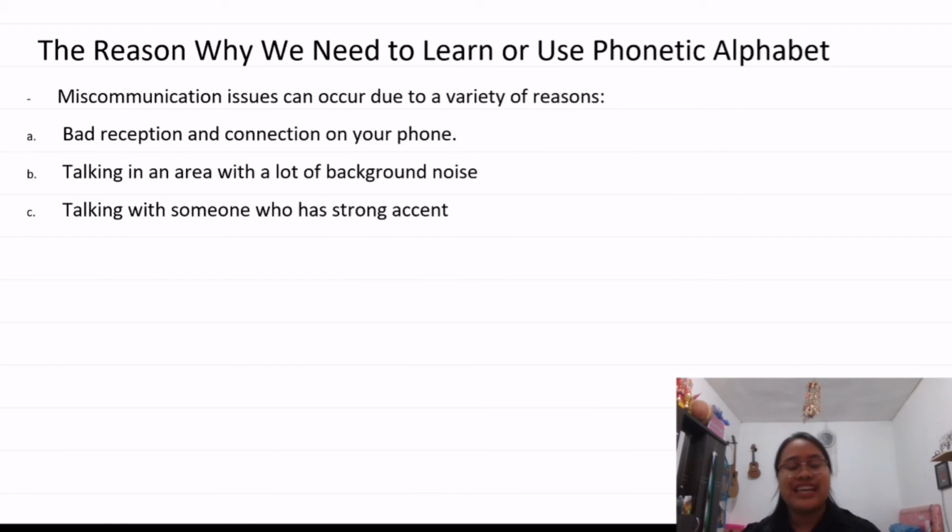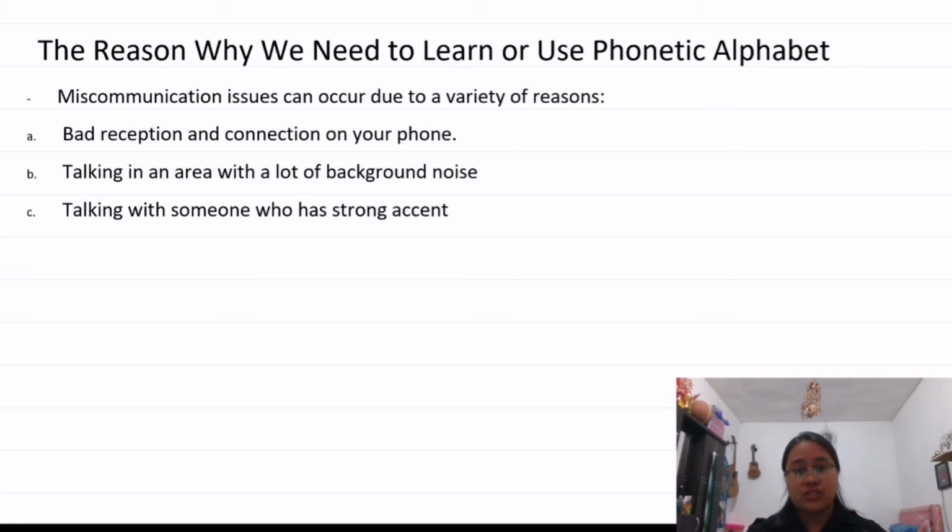Miscommunication can occur due to a variety of reasons, such as a bad reception or connection on your phone, talking in an area with a lot of background noise, or talking to someone who has a strong accent that you are not used to.